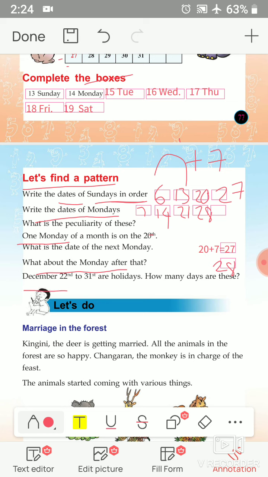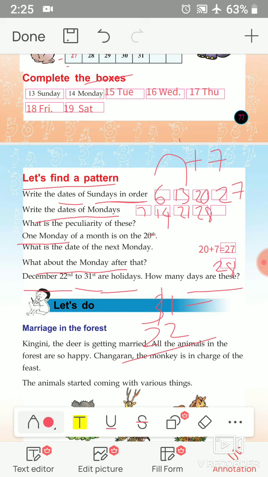Next question. December 22nd to 31st are holidays. We know that. How many days are these? How many days in total between 22 and 31? Then what will we do? Yes, subtract: 31 minus 22. Then subtract it. 1 minus 2 is not possible. So what will we do?